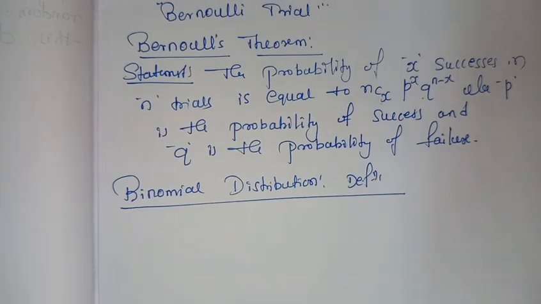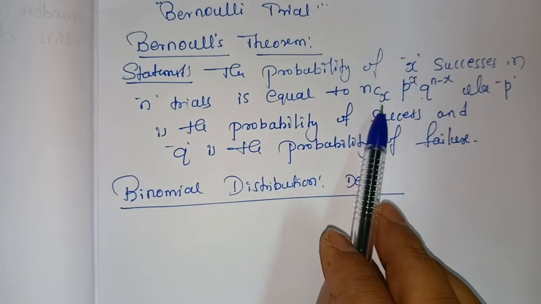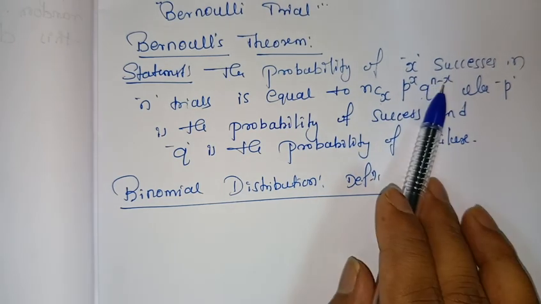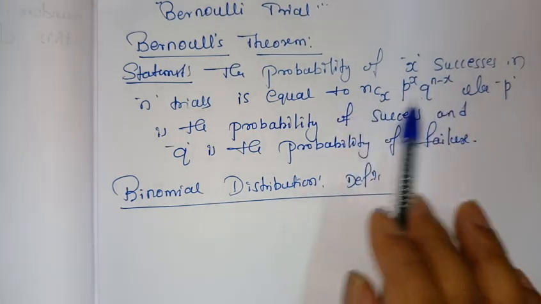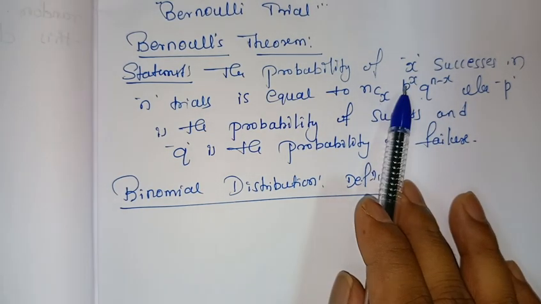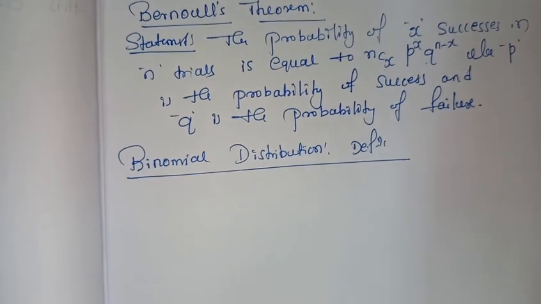If p is the probability of success and q is the probability of failure, then the probability of X successes out of n trials is given by NCX p power x q power n minus x. From this statement, we have to write the probability distribution table.